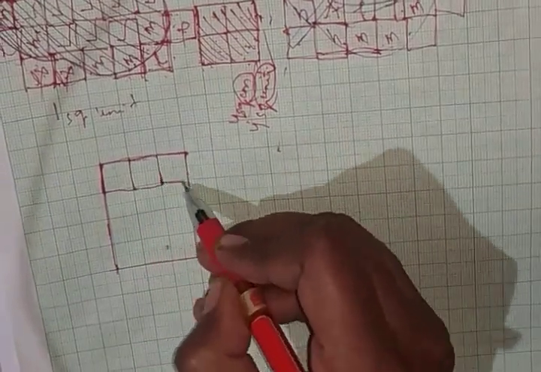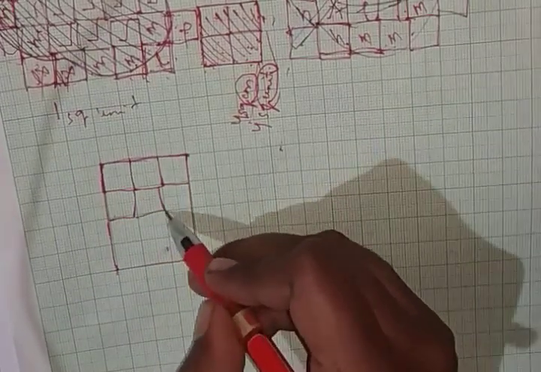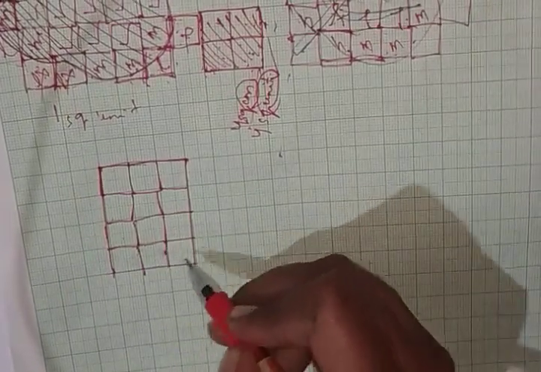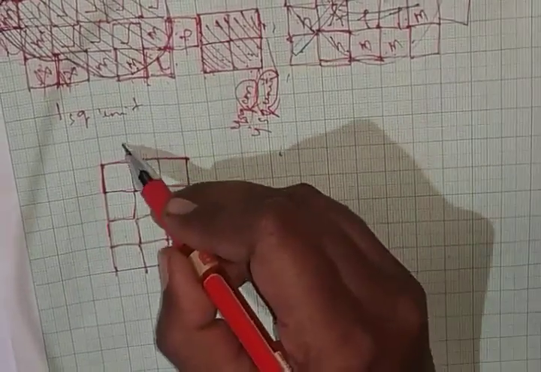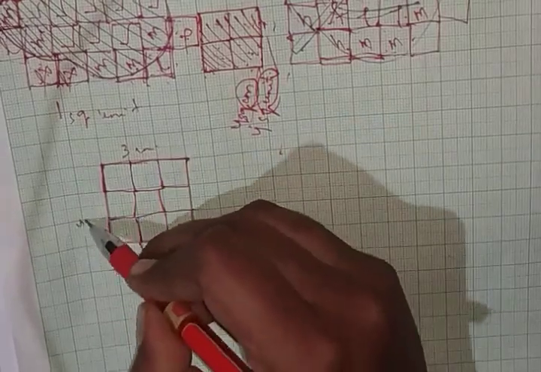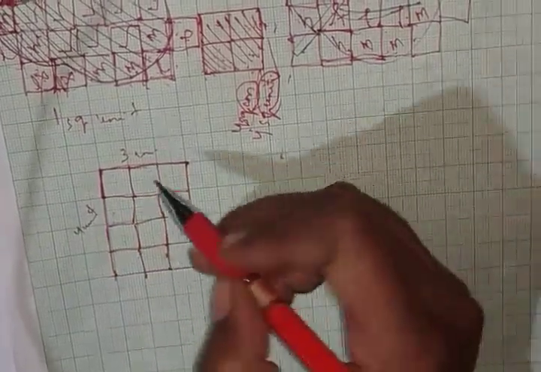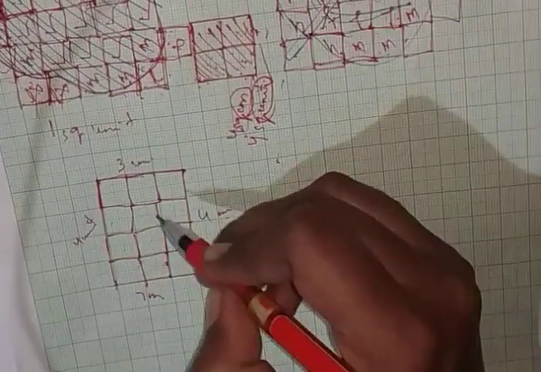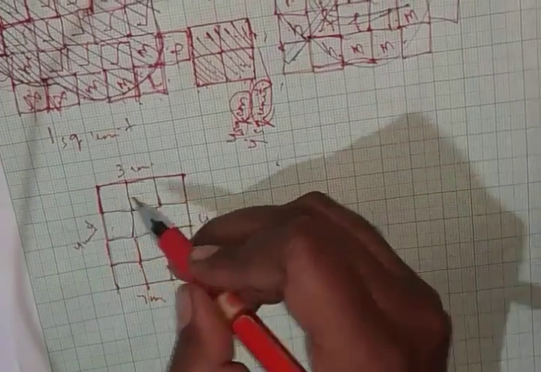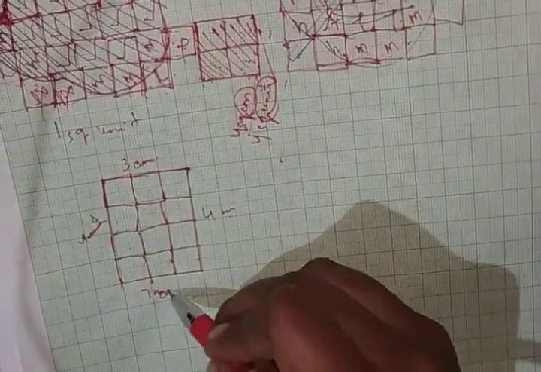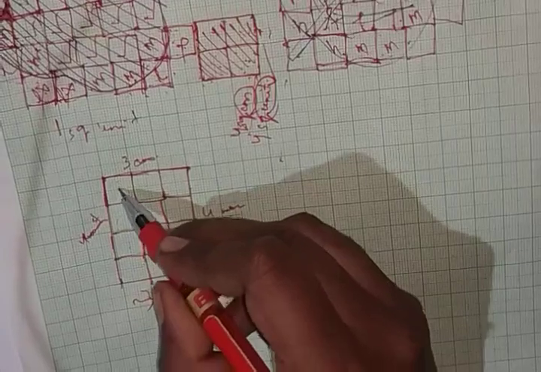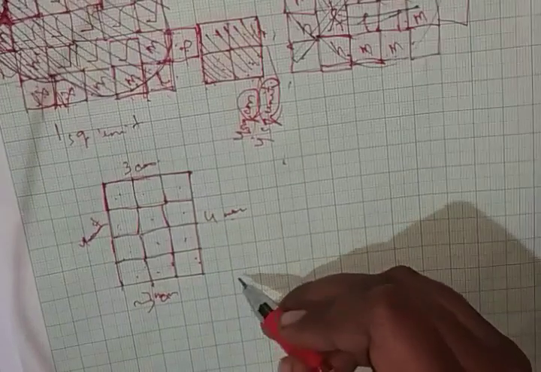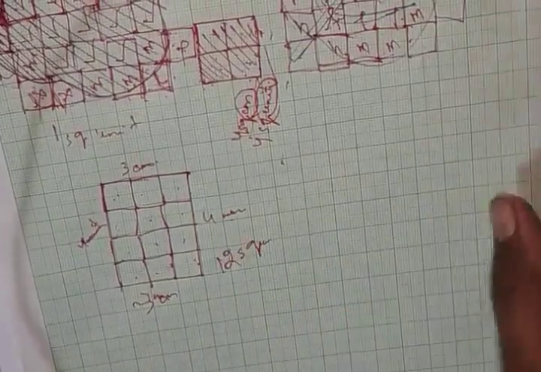Counting: 1, 2, 3, up to 12. So this is 3 units and this is 4 units. This is a rectangle, and opposite sides are the same, so this is also 4 units and this is 3 units. So how many total square units? 3 centimeter, 4 centimeter, counting the squares, 12 square centimeter.